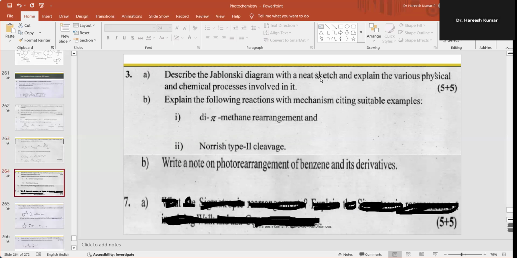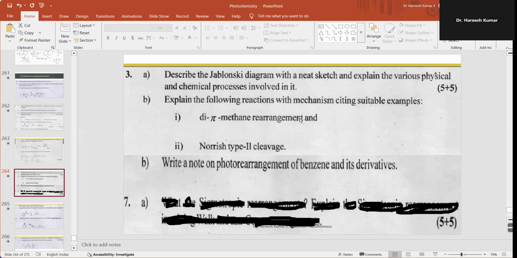You have to show what is the excited state, what is internal crossing, what is intersystem crossing, and you have to show what is fluorescence, what is phosphorescence. An explanation also you have to give. That will give you the definition of the diagram and the explanation of fluorescence, phosphorescence, intersystem crossing, and internal crossing, giving the information about the Jablonski diagram.